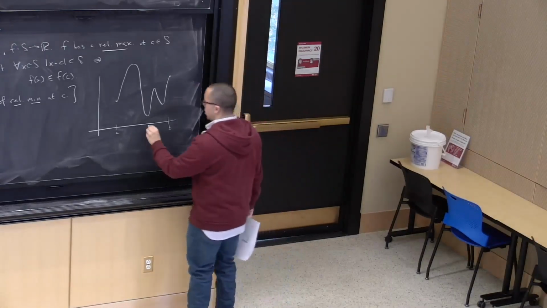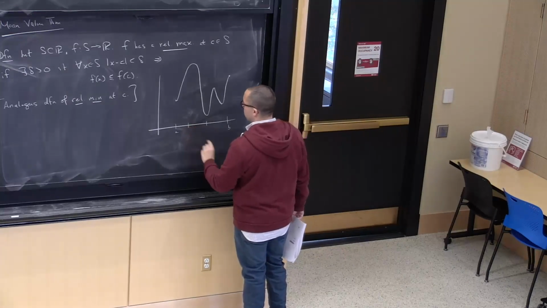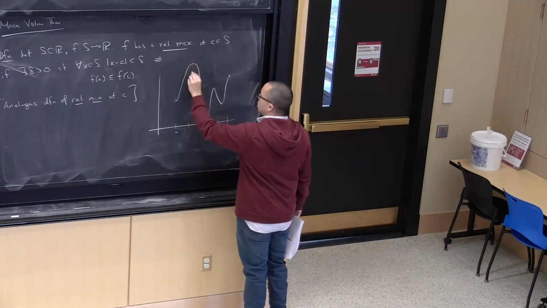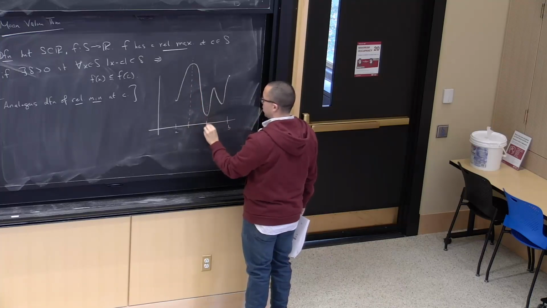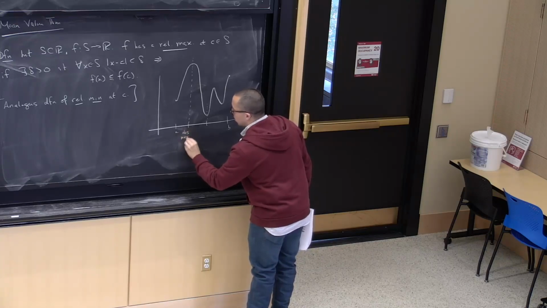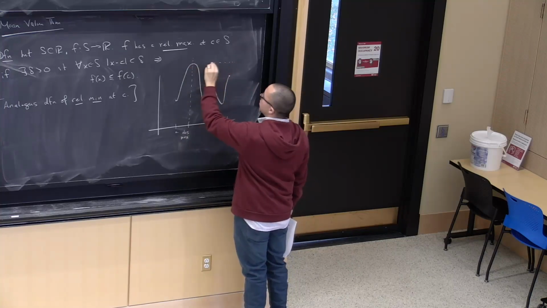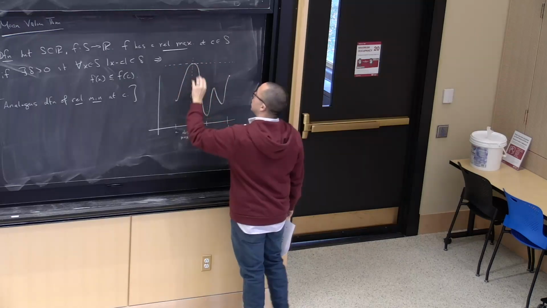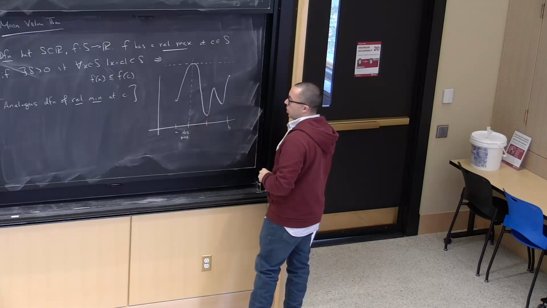Okay, so then let's say we're at this point here. So this would be an absolute max because the graph of the function sits below the value of the function at this point for all x in this interval AB.